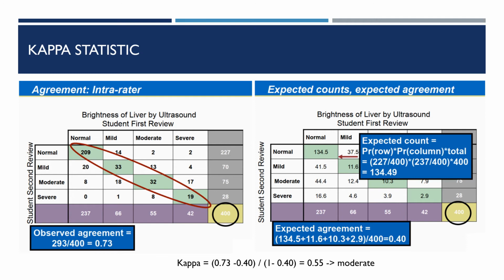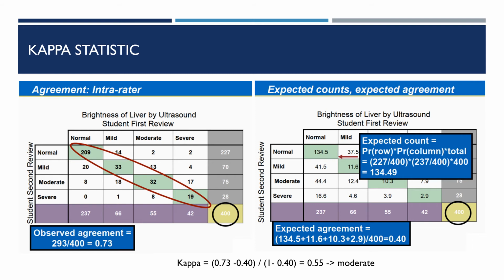To calculate the expected agreement, we need to calculate the expected count by multiplying the proportion in the row by the proportion in the column, and then multiplying by the total. Then we sum up all the expected counts in the green cells and divide by the total to get the expected agreement.